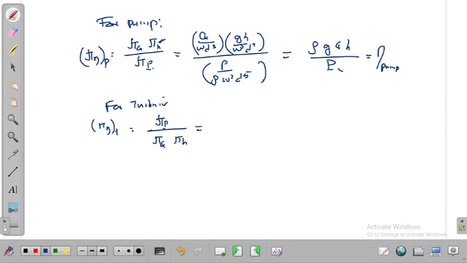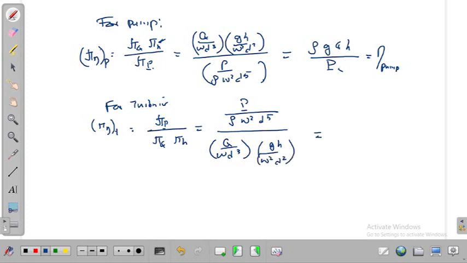If we again put in the terms that we have already got, the power coefficient is P over rho omega cubed D to the power 5, the flow coefficient is Q over omega D cubed, and the head coefficient is gH over omega squared D squared. Again, if we simplify this, we get the expression: the power produced over rho g Q H, and this actually gives us the efficiency for the turbine.